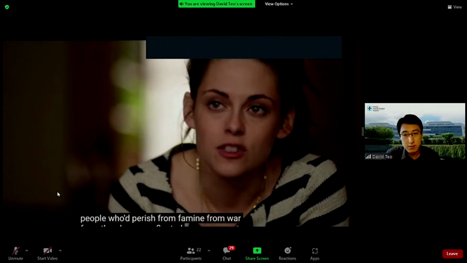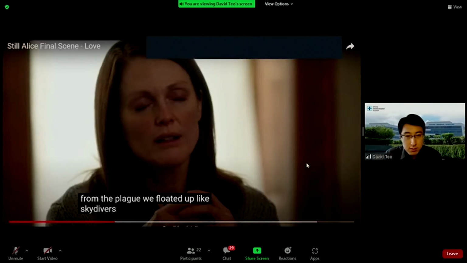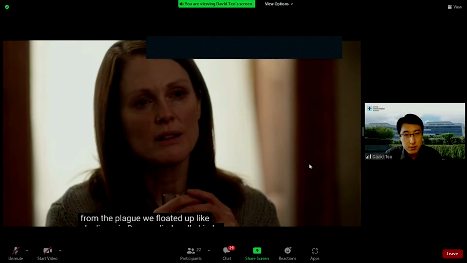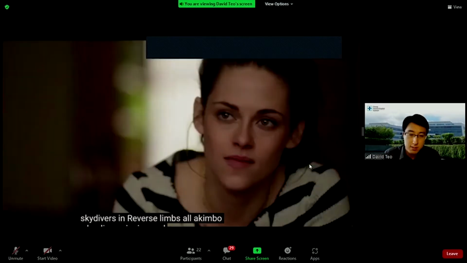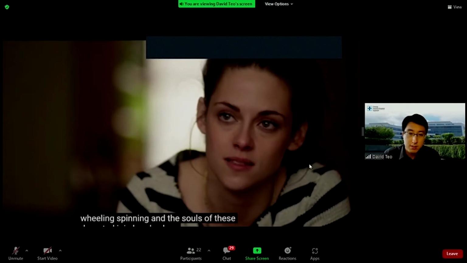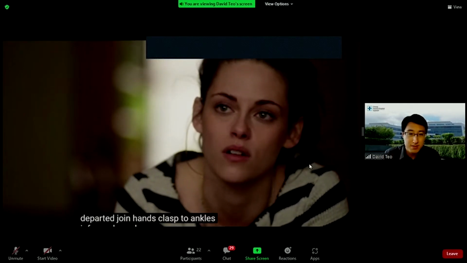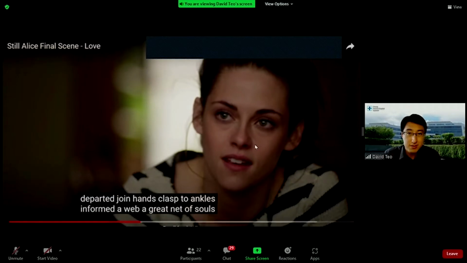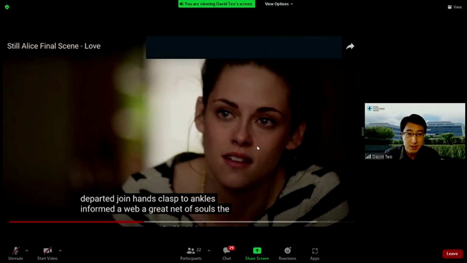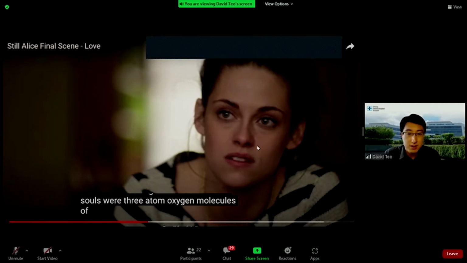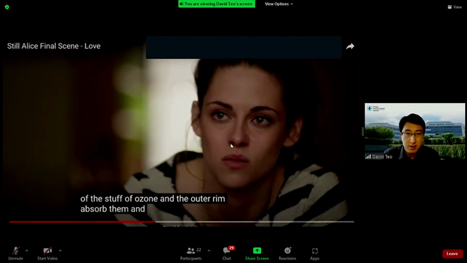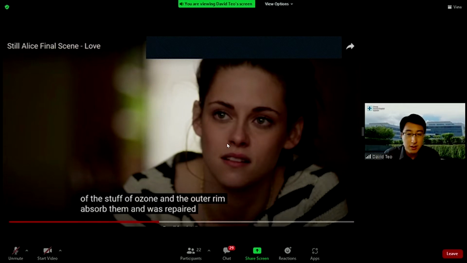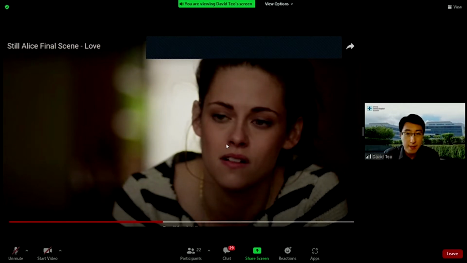They floated up like skydivers in reverse, limbs all akimbo, wheeling, spinning. And the souls of these departed joined hands, clasped ankles, and formed a web, a great net of souls. The souls were 3 atom oxygen molecules of the stuff of ozone, and the outer rim absorbed them and was repaired.